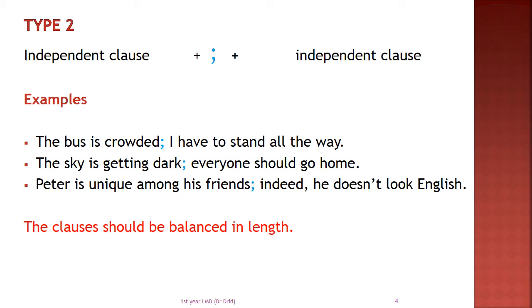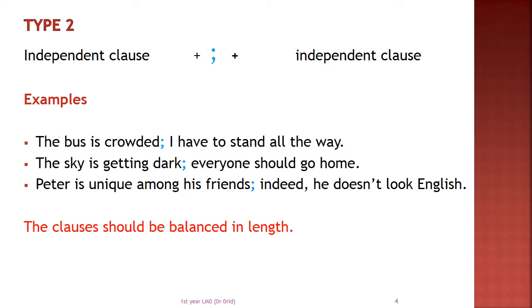This is one sentence, a compound sentence. It starts with a capital letter and ends in a full stop. One sentence. The sky is getting dark; everyone should go home. One compound sentence, in which the clauses are linked with a semicolon.